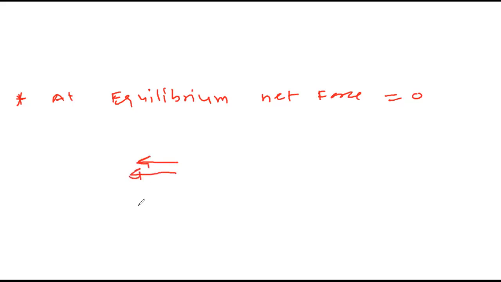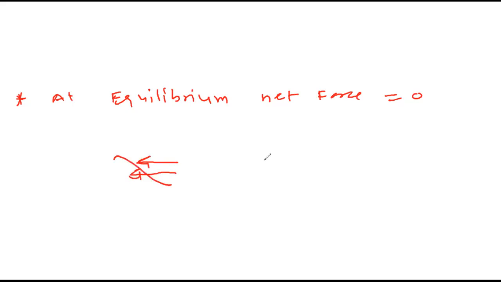What do you mean by equilibrium? If it says at equilibrium, net force is 0. This we have done even in law of motion. At equilibrium, net force equal to 0. So if they say find the magnitude of charge if the system is in equilibrium, you have to check whether net force is 0 or not. If net force becomes 0, we call it equilibrium. If system is in equilibrium, check everywhere. First you check direction. If direction is same, can I get equilibrium?